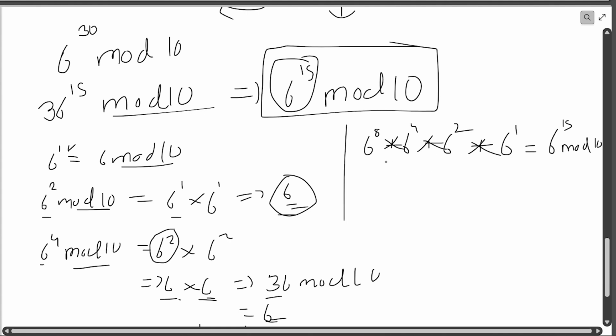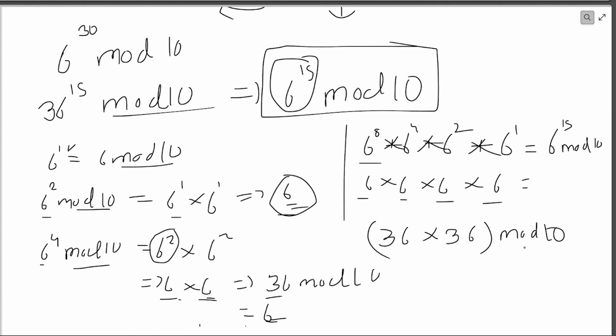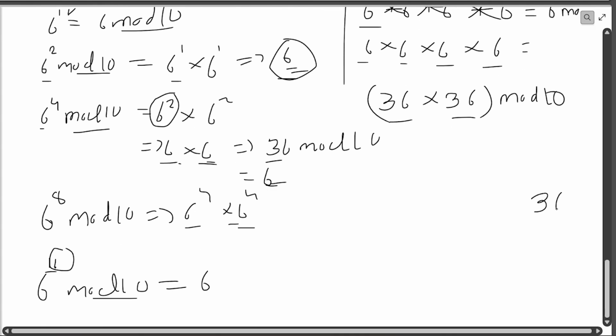Don't forget that. So again, we know that this is 6, this is also 6, this is also 6, and this is also 6. So this would be 6 into 6, 36, 6 into 6, 36. So 36 into 36 mod 10. And again, you could just multiply them. It is not that hard of a multiplication. You could just do 36 into 36.